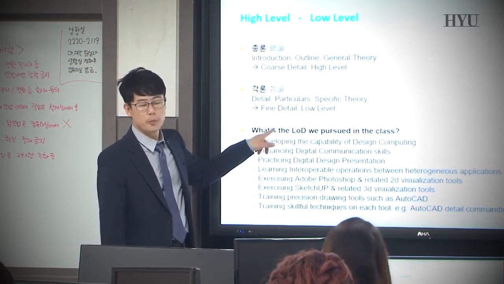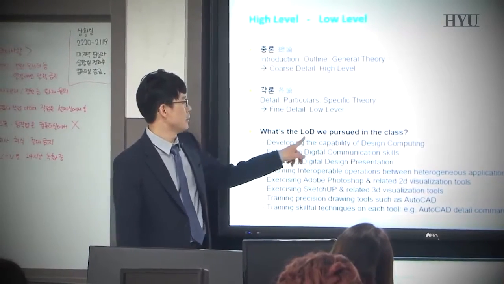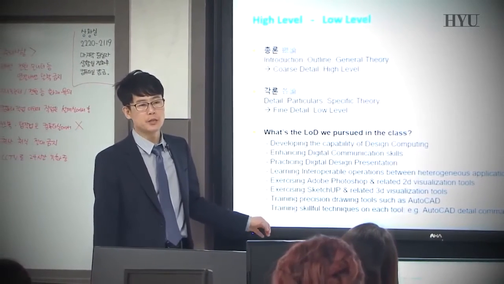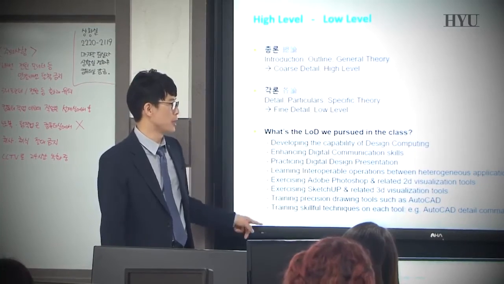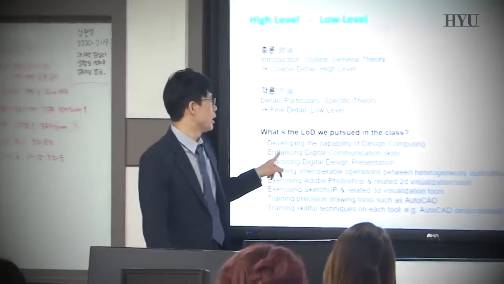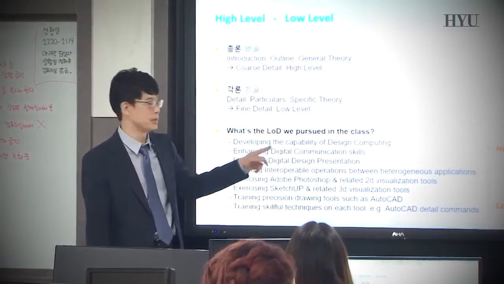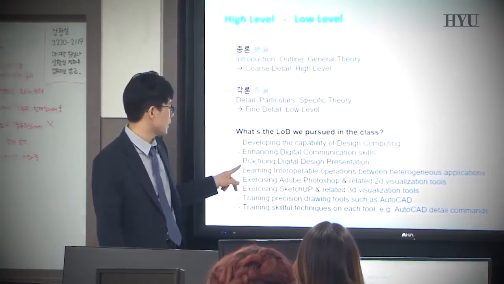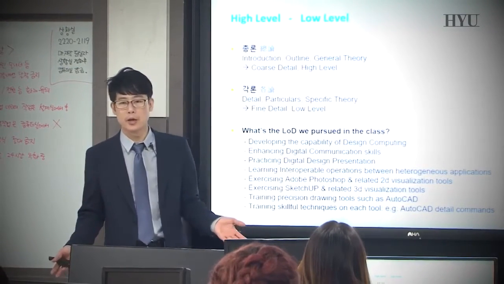Let's think about a comparison between levels of detail. What's the level of detail we pursued in the class? I'm talking about the digital design and visualization course, this course. In general, a design computing course, okay? In high level, developing the capability of design computing, digital design, enhancing your digital communication skills, practicing digital design presentation, something big, okay, something broad.